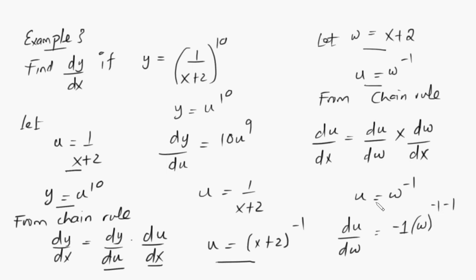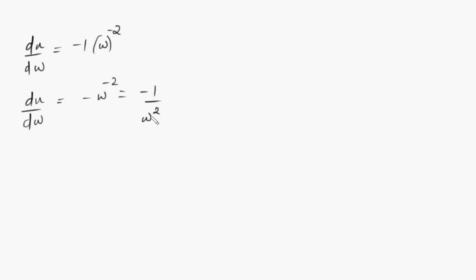So du/dw is negative 1 times w to the power negative 1 minus negative 1, which is negative 2. So my du/dw is equal to negative w to the power negative 2, which I can write as negative 1/w squared.